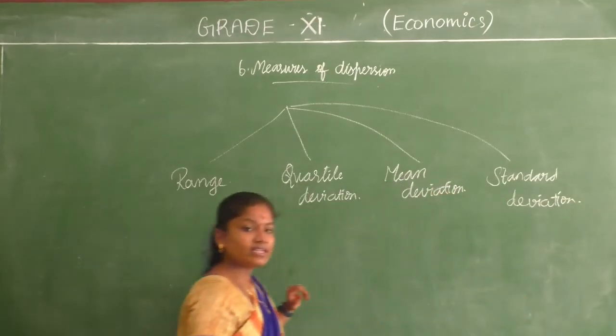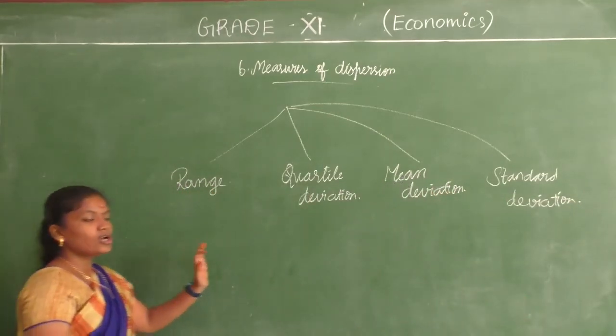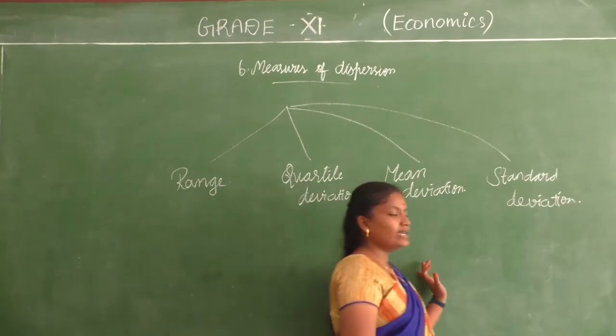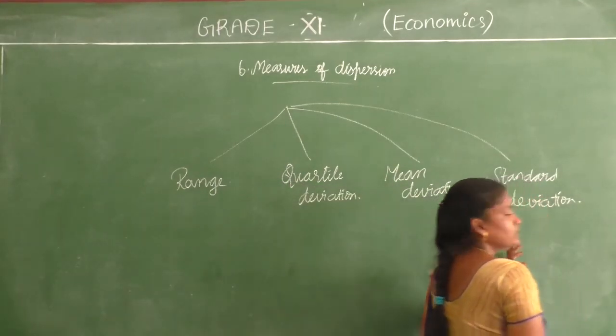Right, children, what are the various things we have? We have range, quartile deviation, mean deviation and standard deviation.